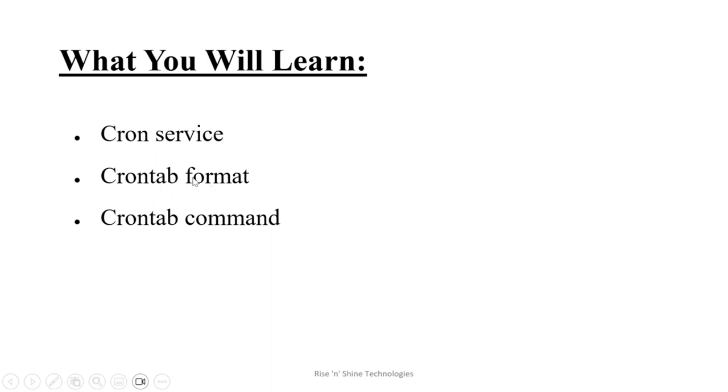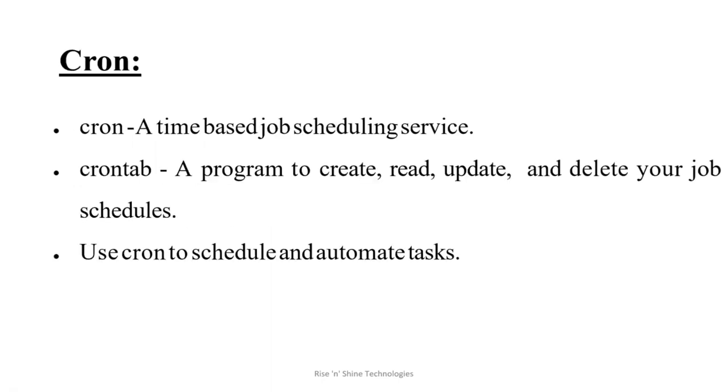How do I define Saturday morning 7 a.m., or how do I define weekend or weekday? We should know the crontab format, and in that format, with the scheduled format, which command do you want to execute. The crontab command we can define.